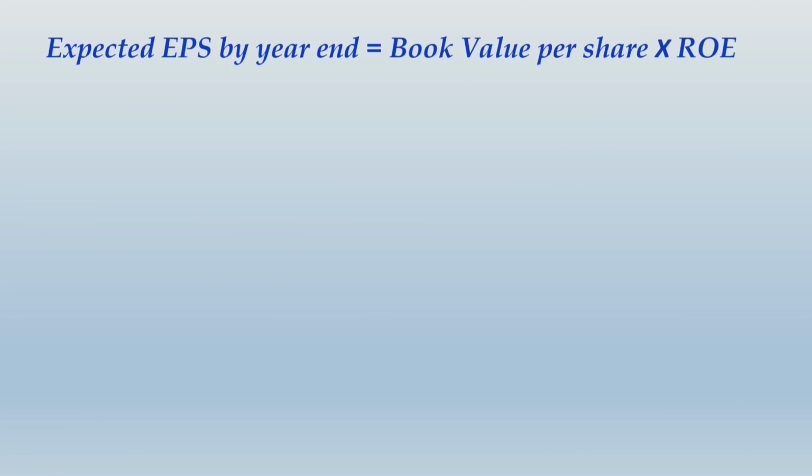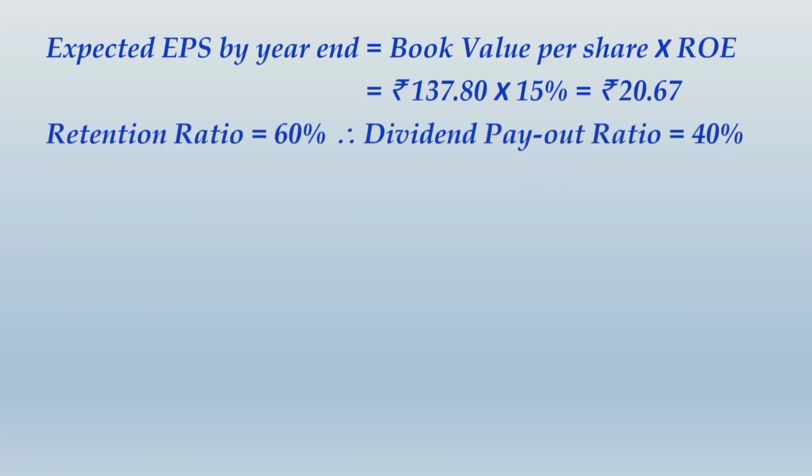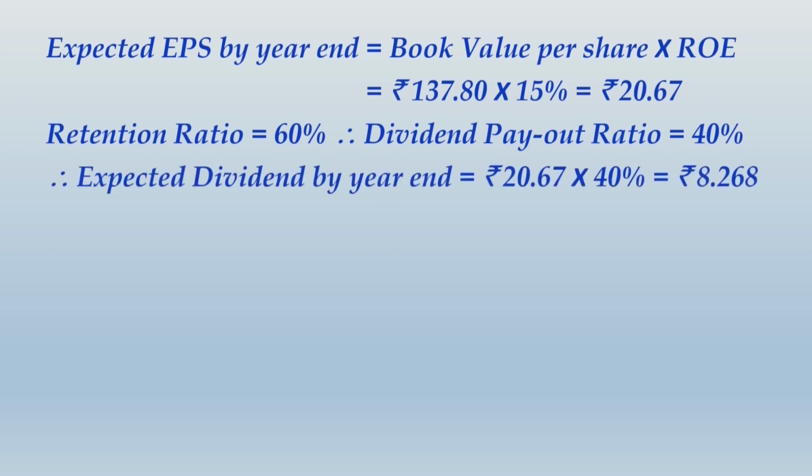Expected EPS by year end will be book value per share into return on equity, that would be rupees 20.67. Retention ratio is 60%, therefore dividend payout ratio would be 40%. Expected dividend by year end would be rupees 20.67. This is nothing but the expected earnings, and dividend payout ratio is 40%. 40% of that earnings would give you the expected dividend by year end.